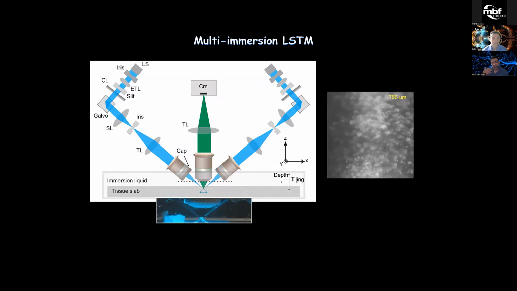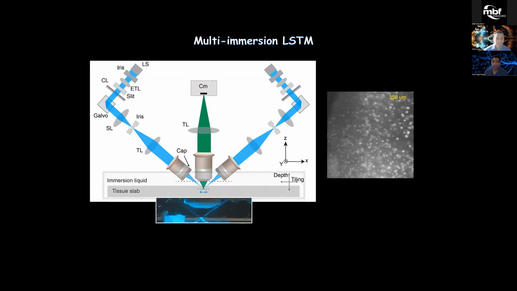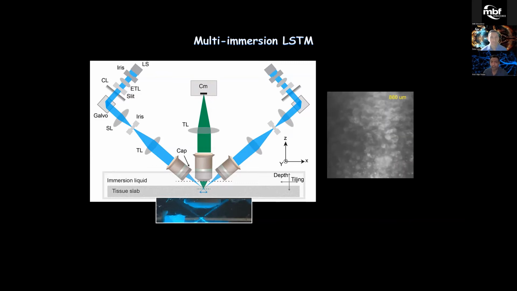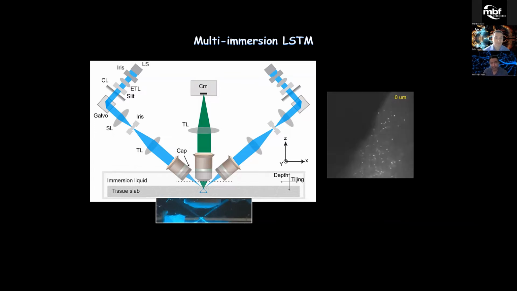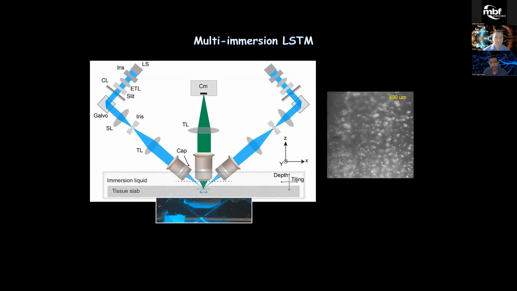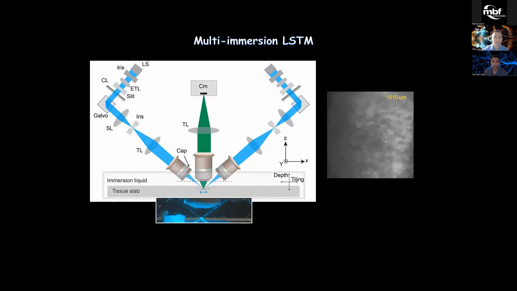As you go deeper into the sample, because of the refractive index mismatch, you simply lose focus very quickly, right? You can, of course, adjust the system hardware to be compatible with iDISCO, but then it won't remain easily compatible with the CLARITY-based system. That requires adjustment using appropriate objectives, alignment, and so on.